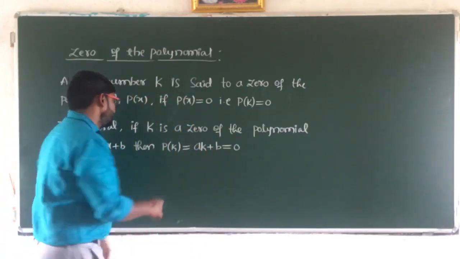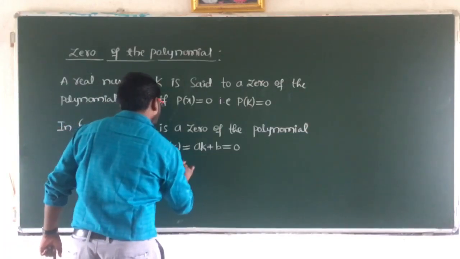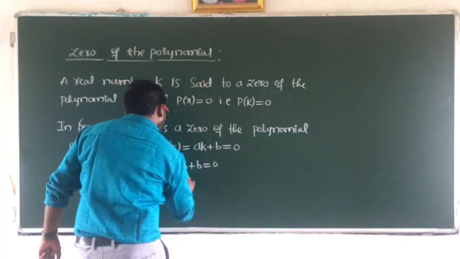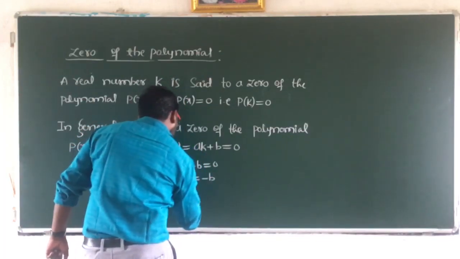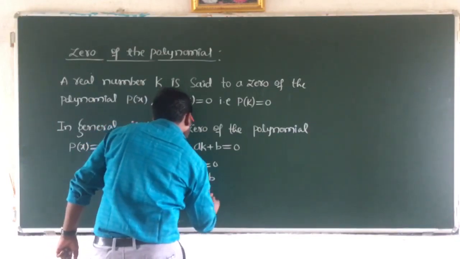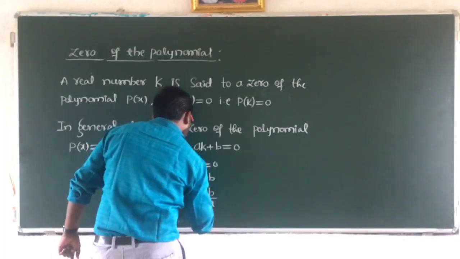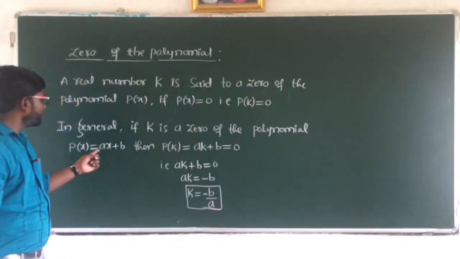So ak plus b equals 0, then ak equals minus b, then k equals minus b by a. So, this is the zero of the polynomial ax plus b.